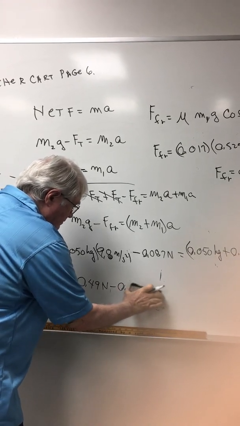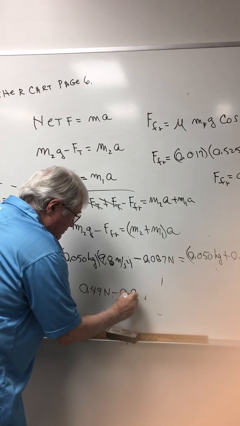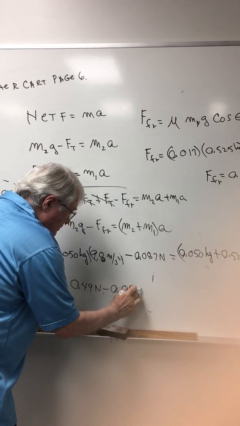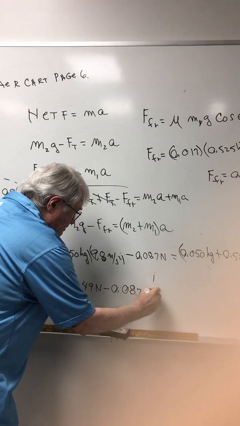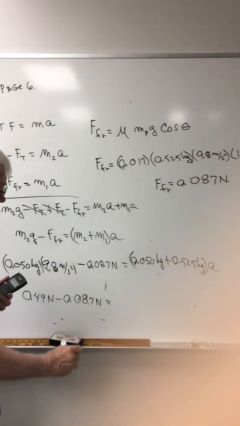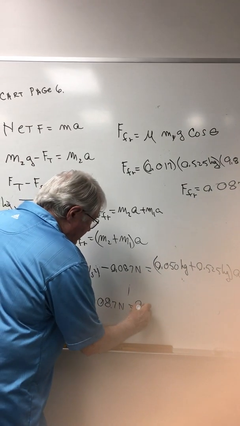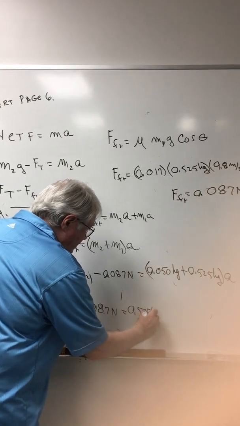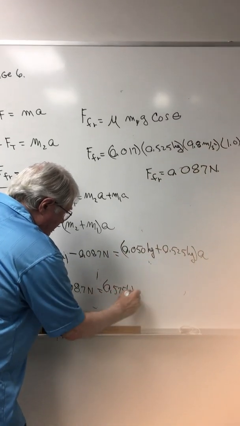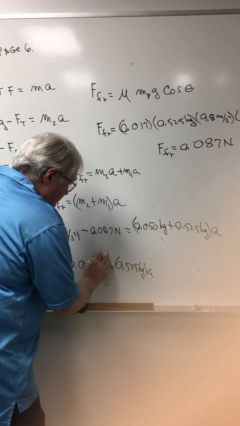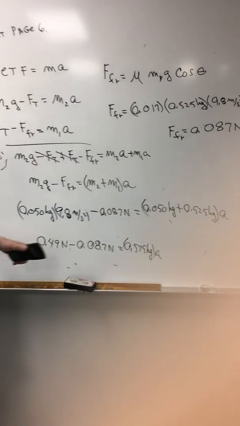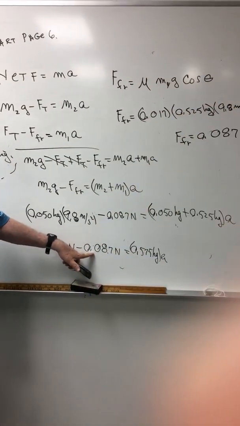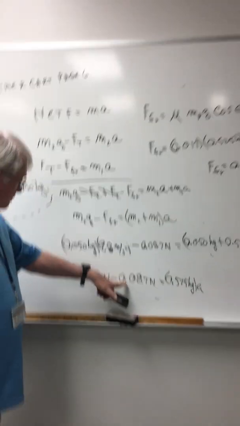And adding the other side, this comes out to be 0.575 kilograms times a. Now 0.49 minus 0.087 comes out to be about 0.40.